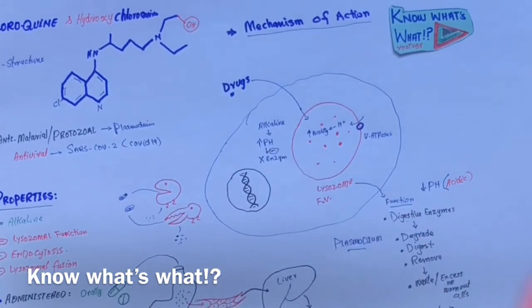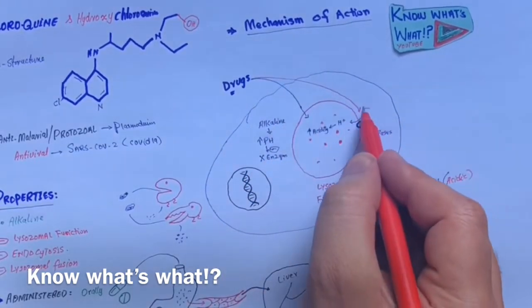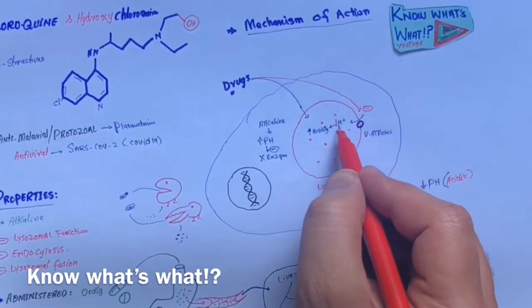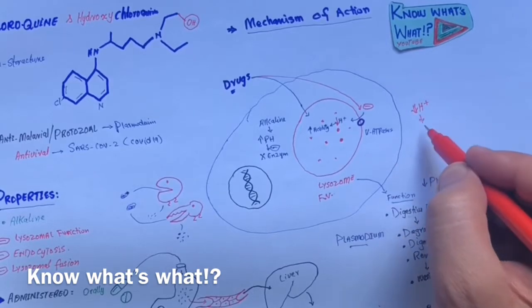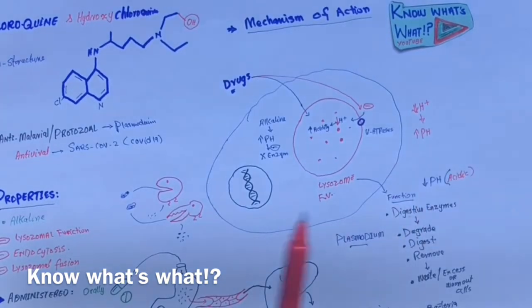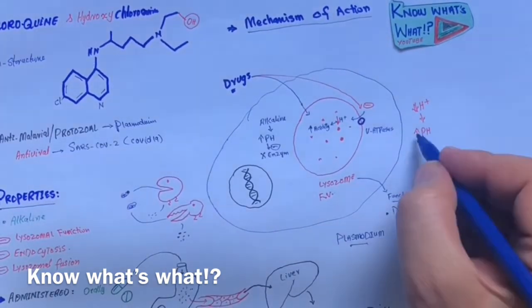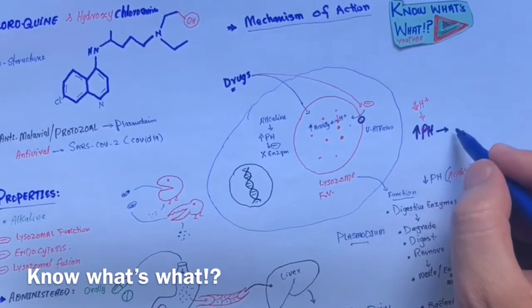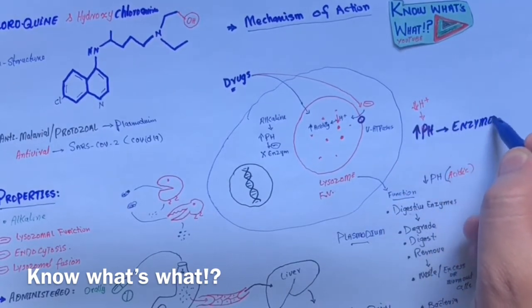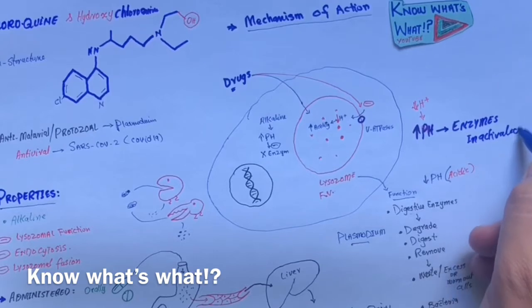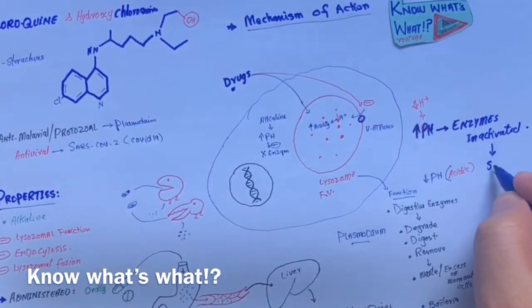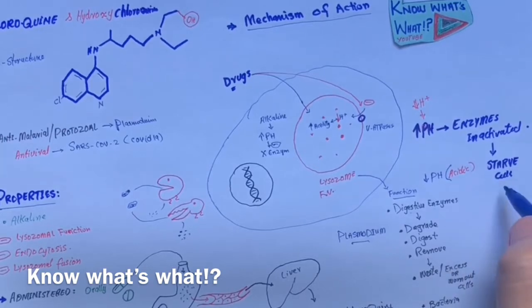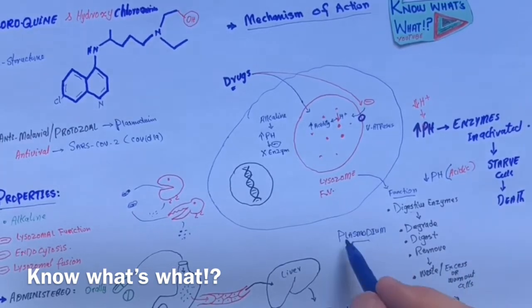It will also inhibit the ATPases, and there will be no hydrogen ion influx, decreasing the proton influx, increasing the pH, which will inactivate the enzymes, and inactivated enzymes will not be able to digest. It will starve to death. So that's how the plasmodium cells are being killed by these drugs.